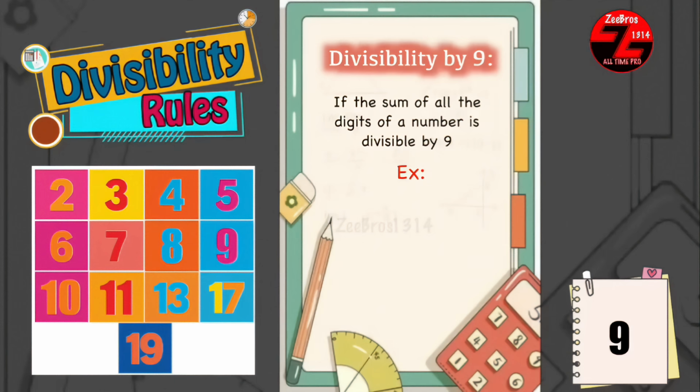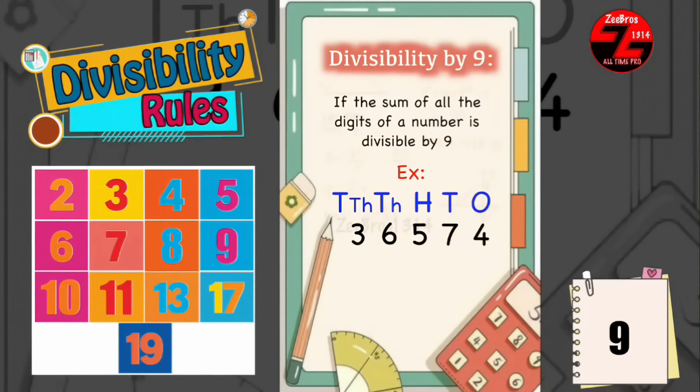Let's take one more example. 36574. When we add all the digits of the number, it makes 25. 25 is not divisible by 9. So, 36574 is also not divisible by 9.